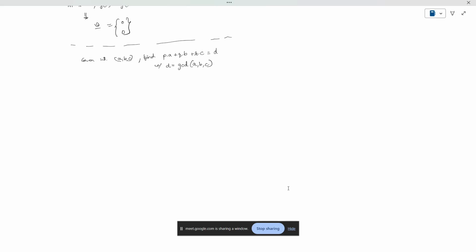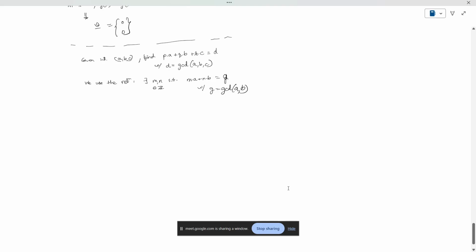We first go to the first part of the GCD. We use the relation that there exist m, n belonging to the integers such that ma plus nb equals g, with g equal to gcd of a comma b.